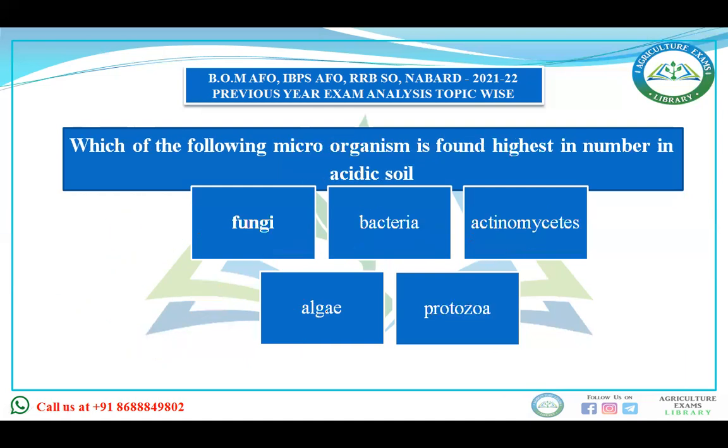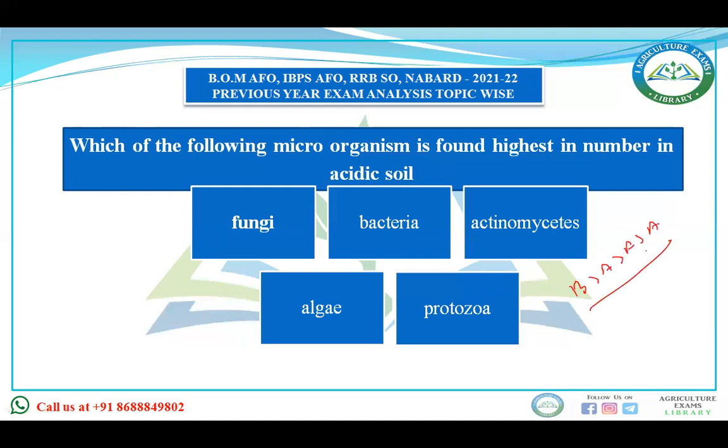Next, which of the following microorganisms is found highest in number in acidic soil? See, in normal condition, the microbial population that is highest in a soil is bacteria, then actinomycetes, then fungi, then algae.